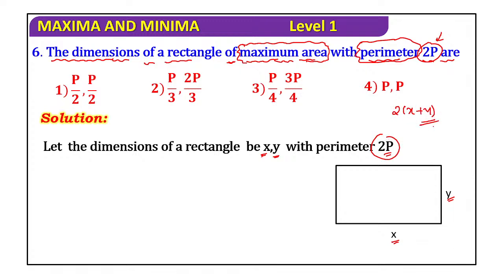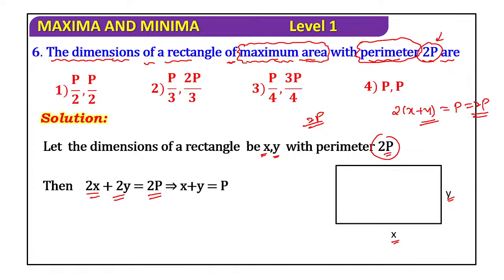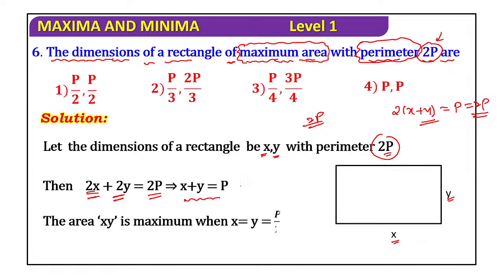The perimeter of the rectangle is given by 2p. So 2p is equal to 2x plus 2y. Now 2 is common and cancels, so x plus y equal to p.